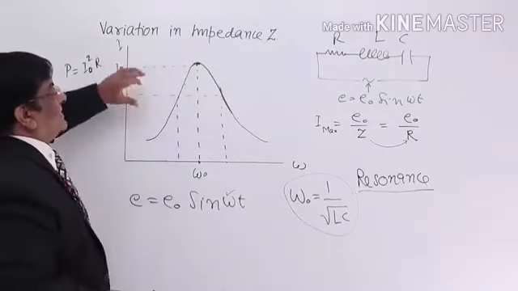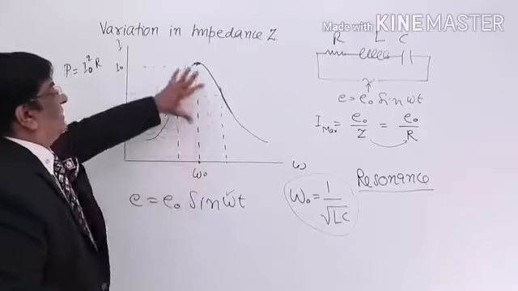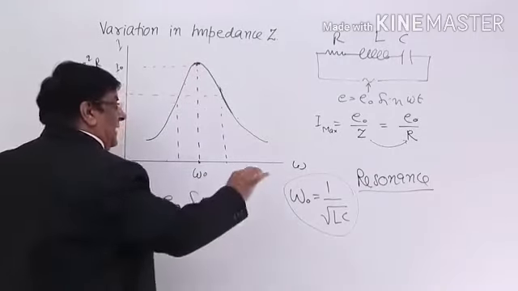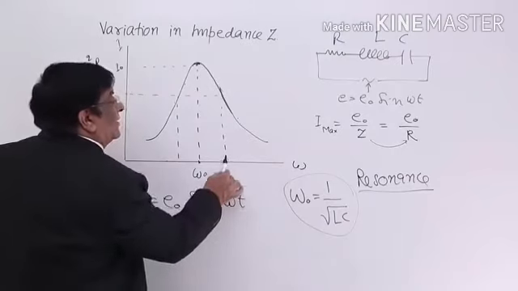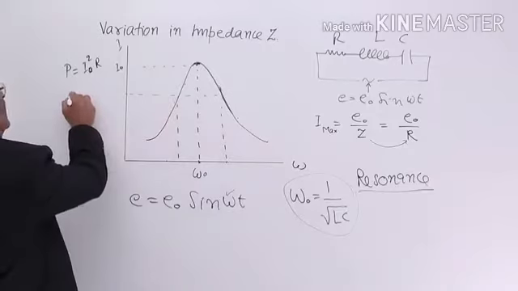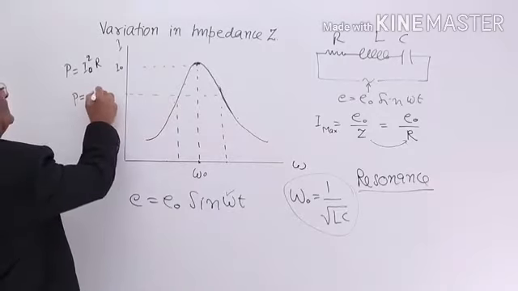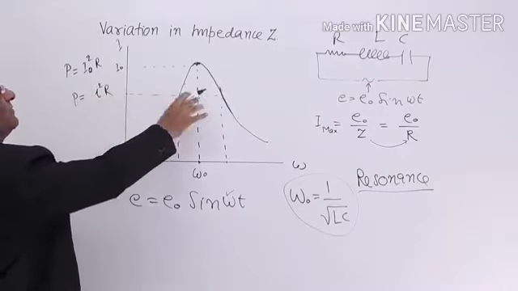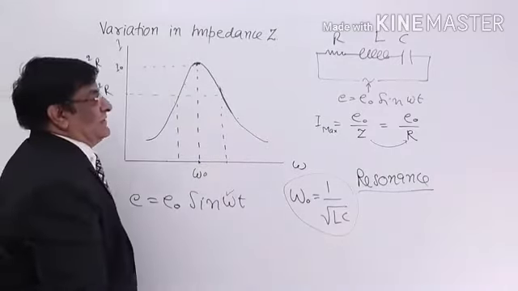For this frequency, it is resonance. If we give another supply of a different omega, then current will be less, and if the current is less, then power is also less. This I is less than this, so power of the circuit will also be less.